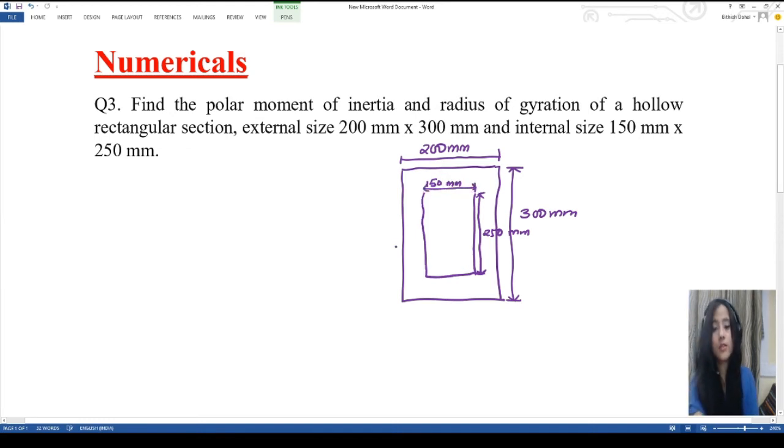Okay, so let us name this rectangle as A, B, C, D. Then internal E, F, G, H. Now let us draw the axis.